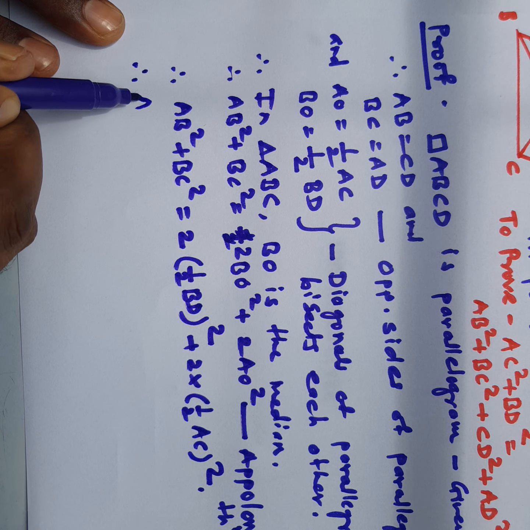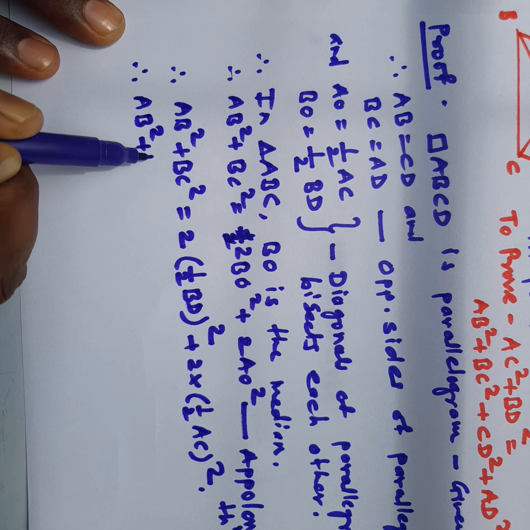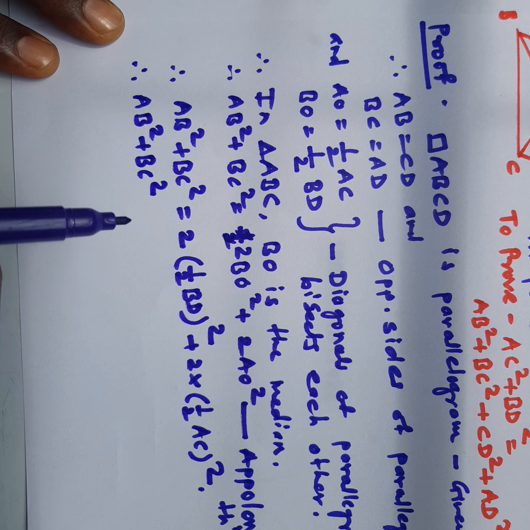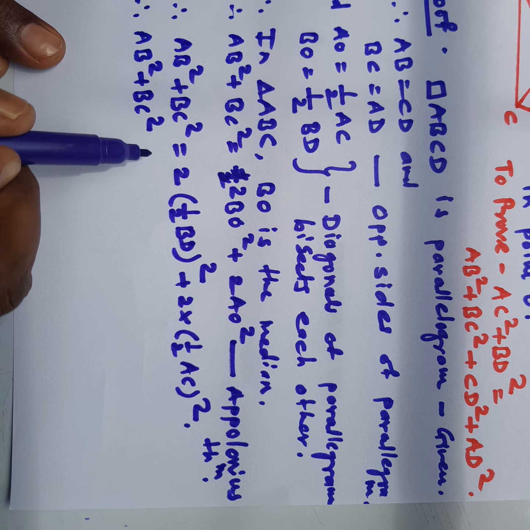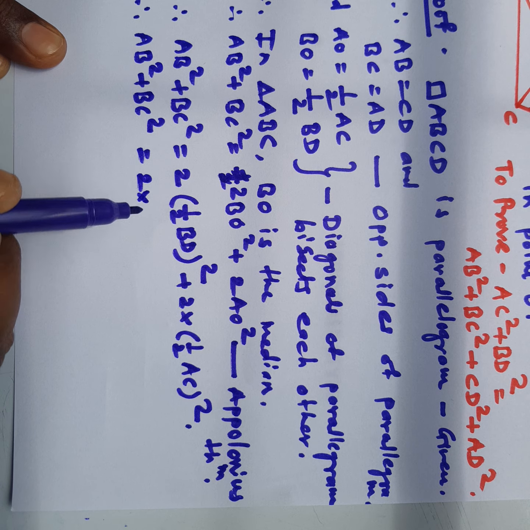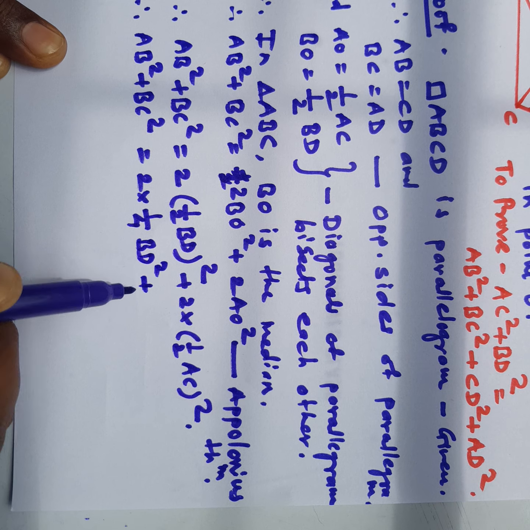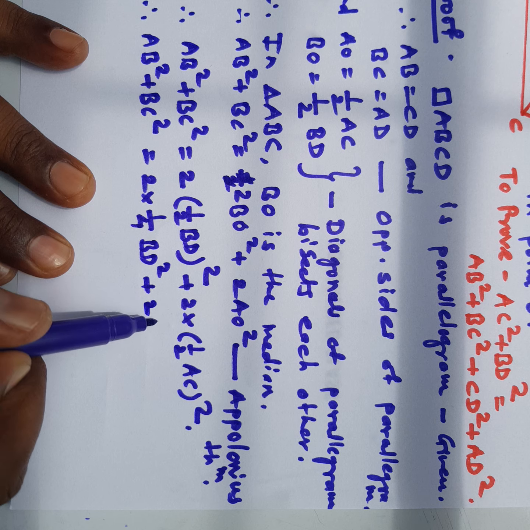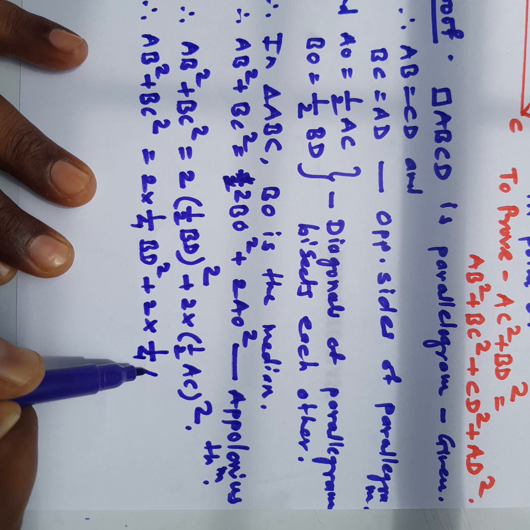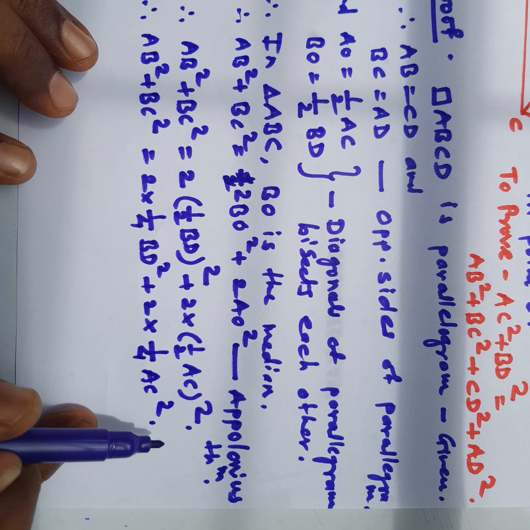Therefore AB square plus BC square is equal to 2 into 1/4 BD square plus 2 into 1/4 AC square.